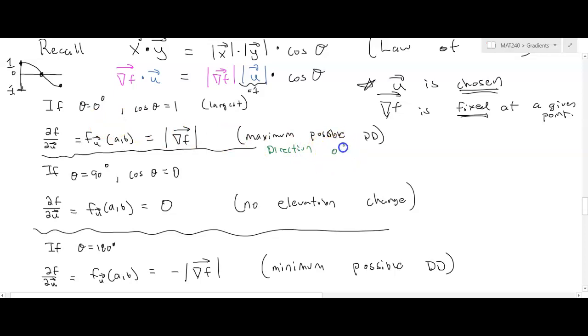So to put this in more contextual terms, this is the direction up here for theta equals 0 degrees, the direction of maximal ascent or maximal steepness. Traveling perpendicular to the gradient vector will result in the direction of 0 steepness.